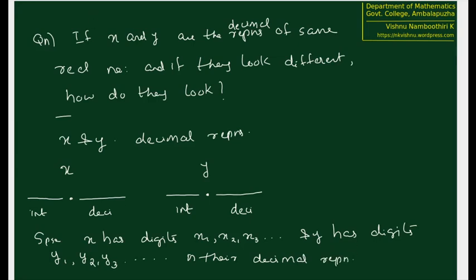Now we are going to assume that the difference in the decimal representation starts at some natural number n. For example, it may start from the very first number onwards, very first of x1, y1 onwards. Also the difference may start later, we don't know.